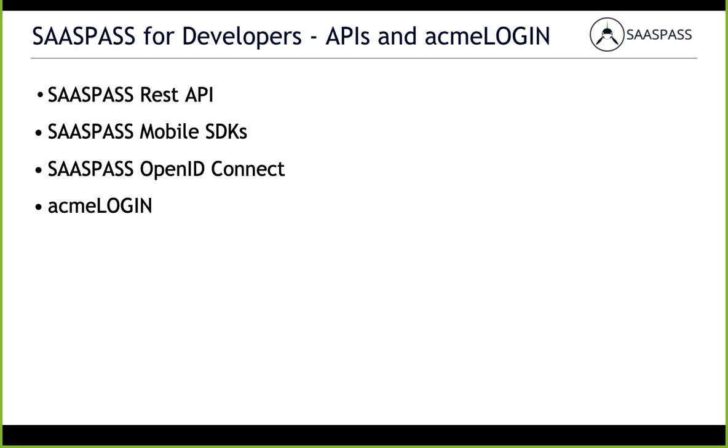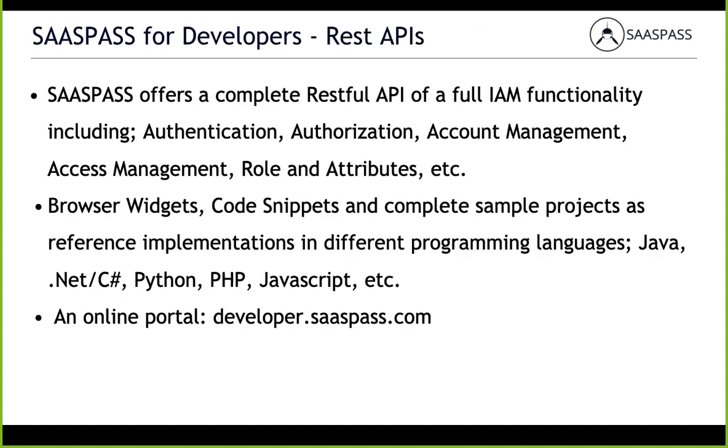If you would like a full implementation, including session management, attribute management, profiling, and complete application integration, then you can also use the SAASPASS product, ACME Login. We will explain this in more detail in the next slides.